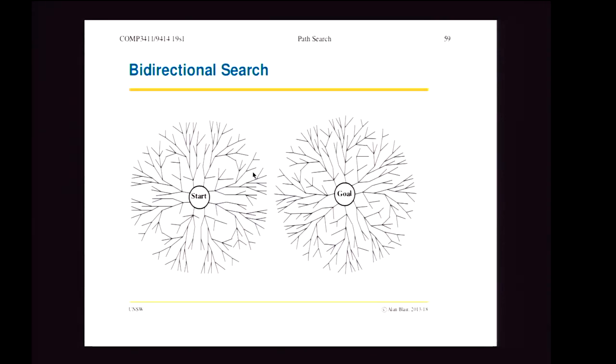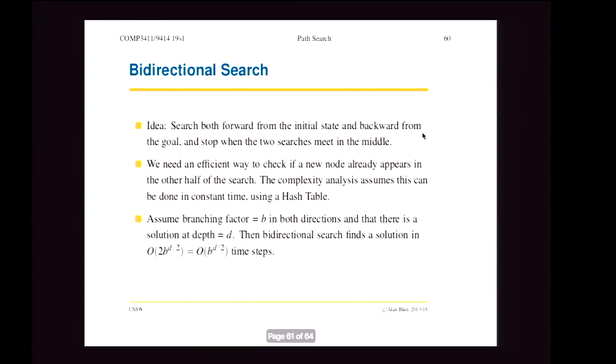So that's 10 billion. But if I do bidirectional search, this tree will have depth 5 and that tree will have depth 5, so I've got 10 to the 5, which is 100,000 nodes here and 100,000 nodes here. So the time is actually 200,000 instead of 10 billion, right? That's a huge speed up.